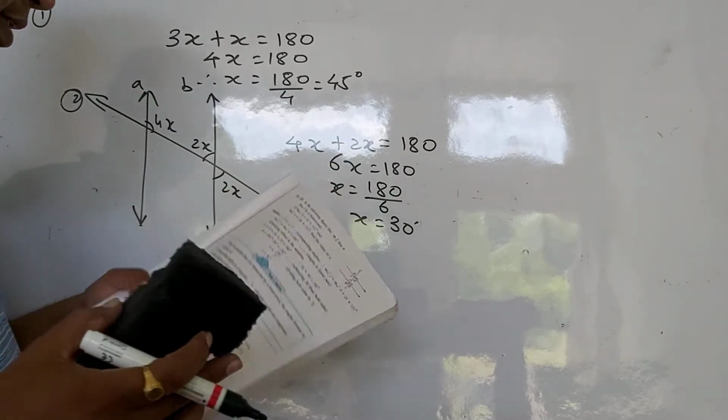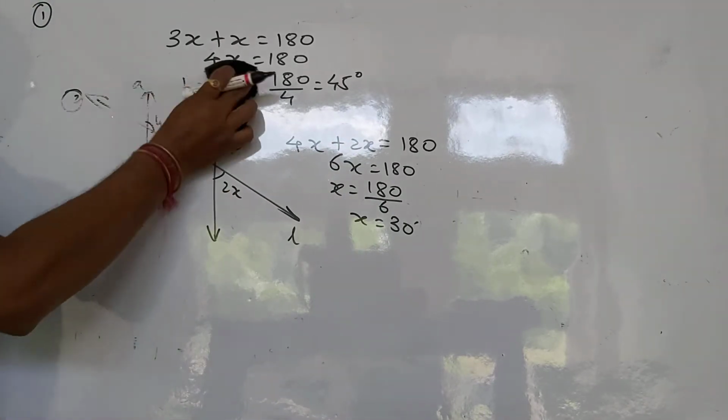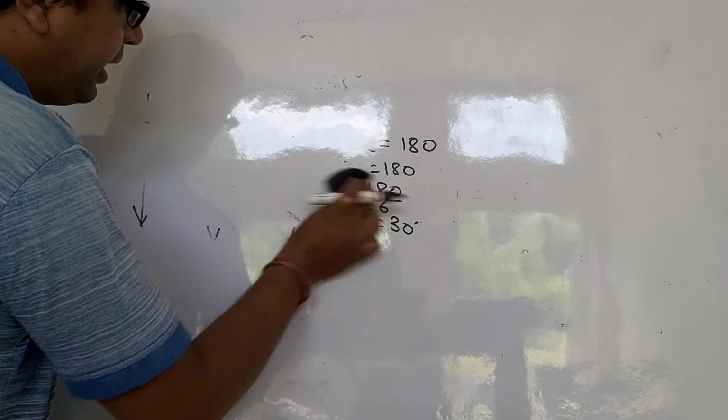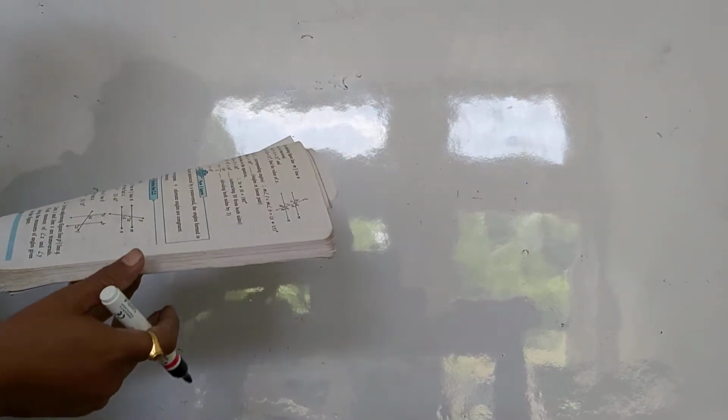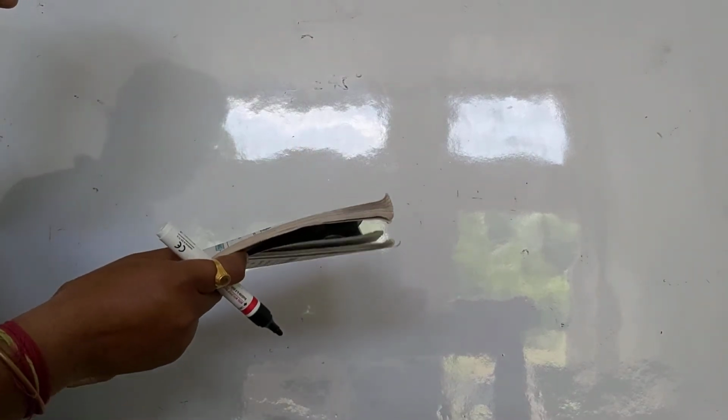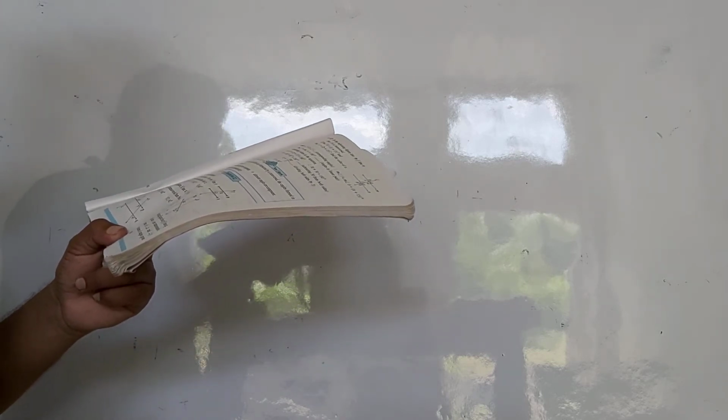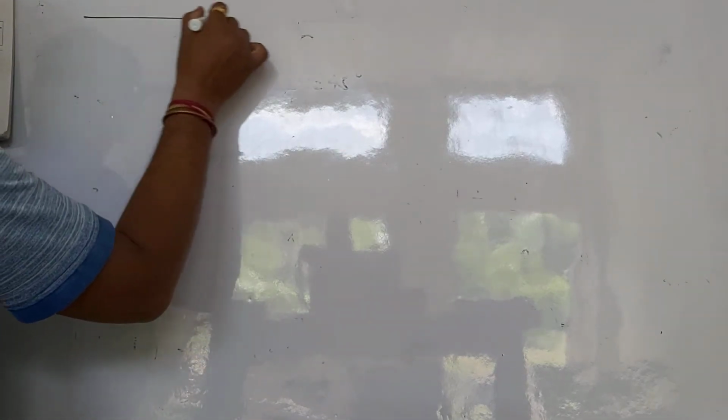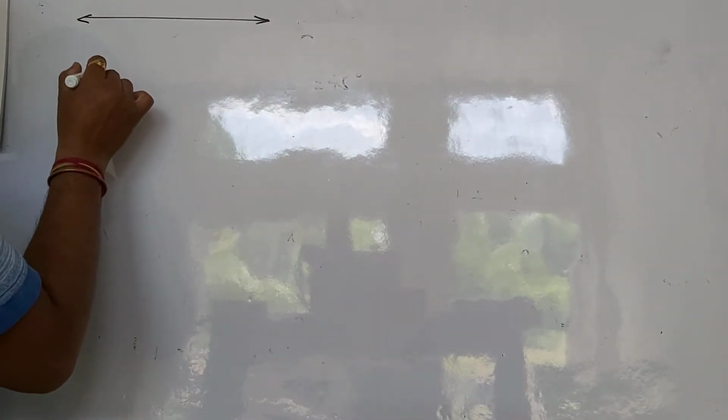Now question number second. I will read it here. In the adjoining figure, line P is parallel to line Q, lines T and S are transversals. Find the value of angle X and angle Y using the measures of angles given in the figure. First of all, I will draw the figure so that you will understand.